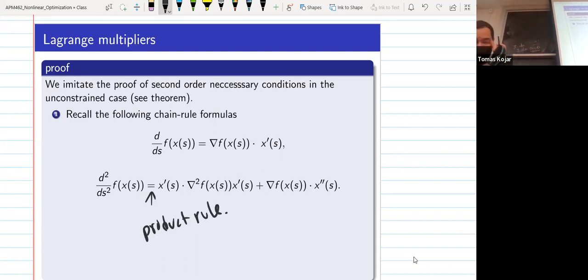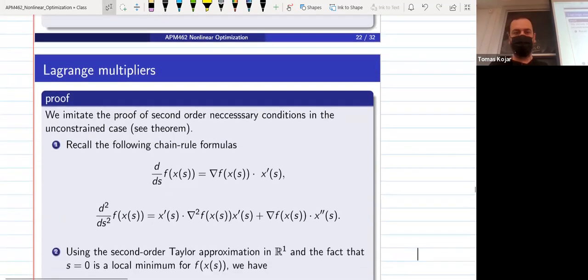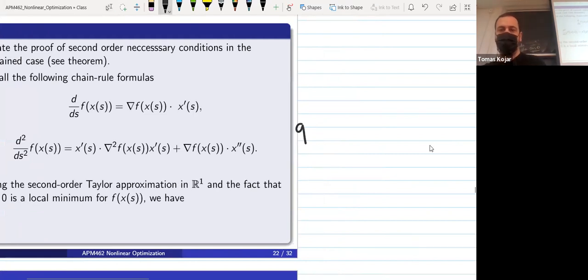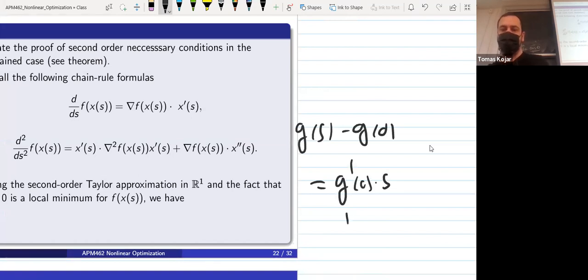Okay. Let me remind you of the second order Taylor expansion in R1. So g of s minus g of 0 is equal to g prime at 0 times s plus a half of s squared times g double prime at c, where c is some number between 0 and s.